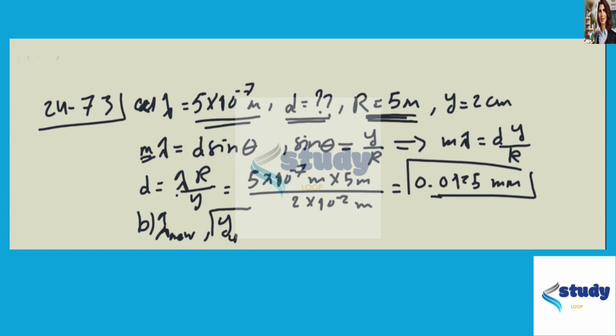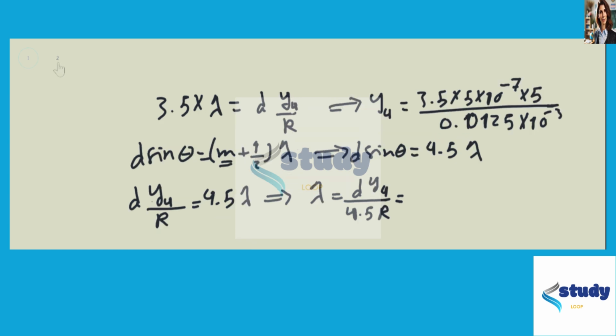So in order to solve this, I will first try to get this position, and I will call it y4. Because now we are trying to solve for minimum, the condition for the minimum is m plus half times lambda is equal to d sine theta.